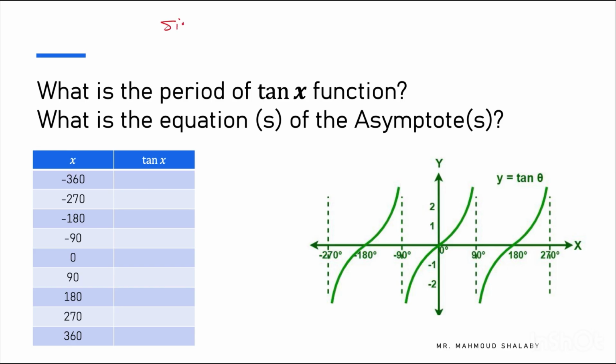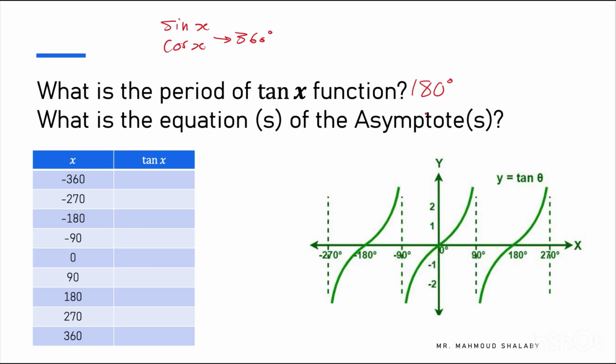For the sine x and cosine x, the period for both of them is 360 degrees. Which means the part of the curve that is going to be repeated, or the whole graph will be repeated every 360 degrees. All right. And what about the tan? The tan actually will be repeated every 180 degrees. This means the period of the tan x function is 180 degrees.